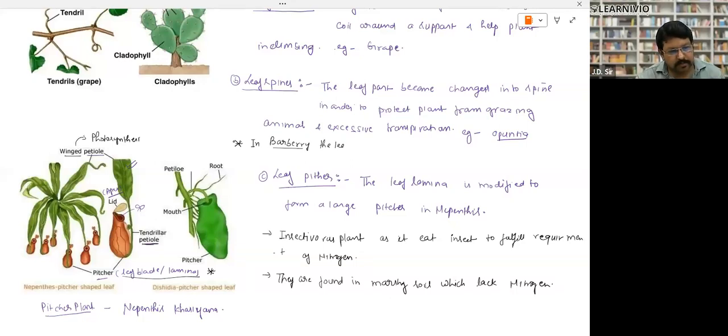The leaf of barberry is modified into branches.